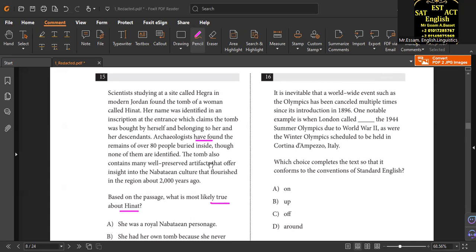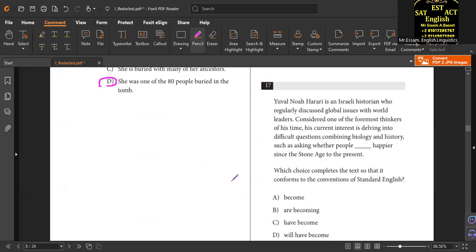C. Letter C, correct. Let's jump. C. 17, it's C, correct.